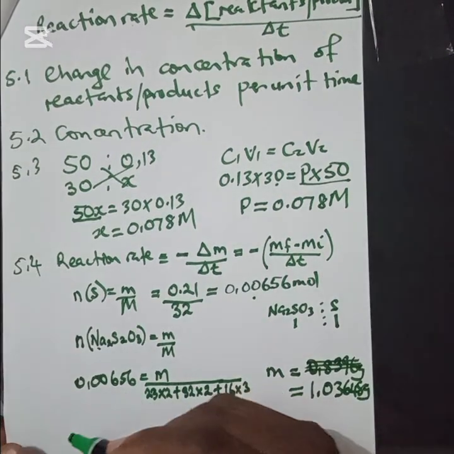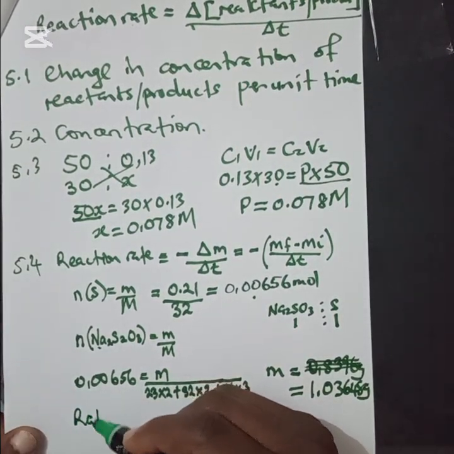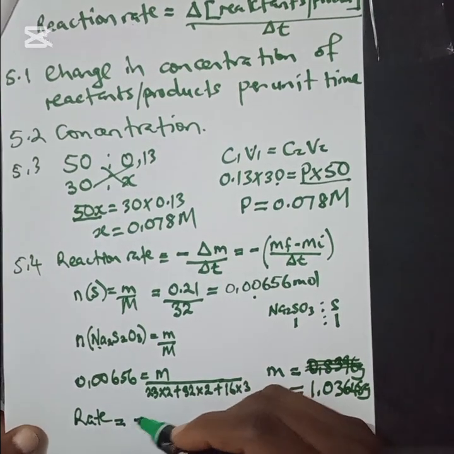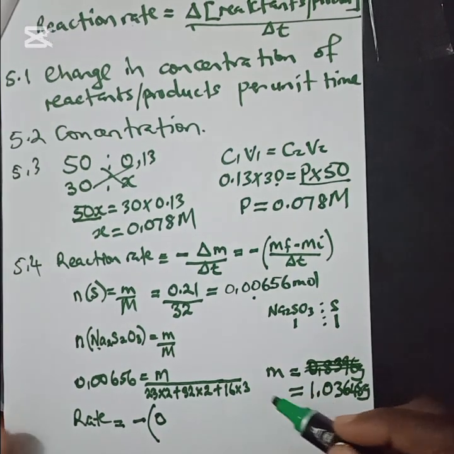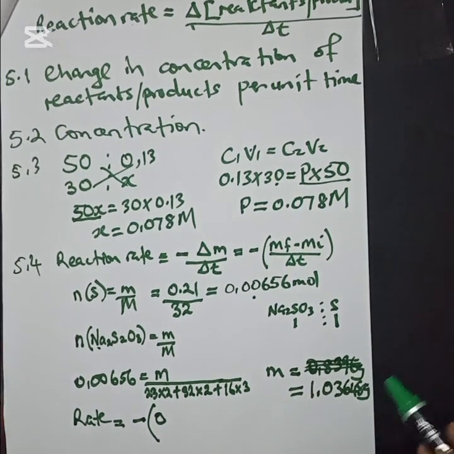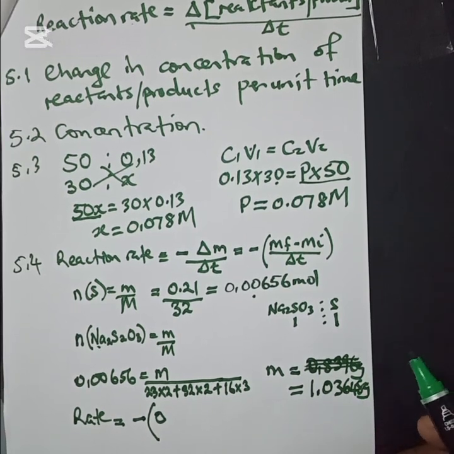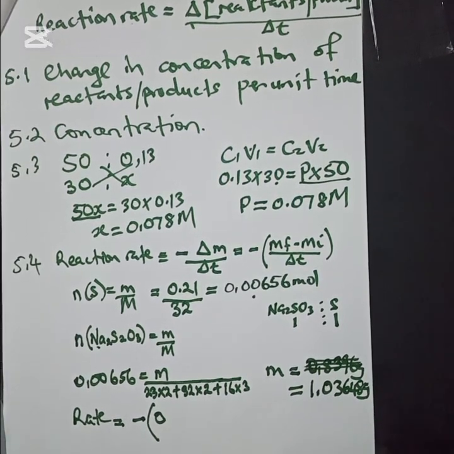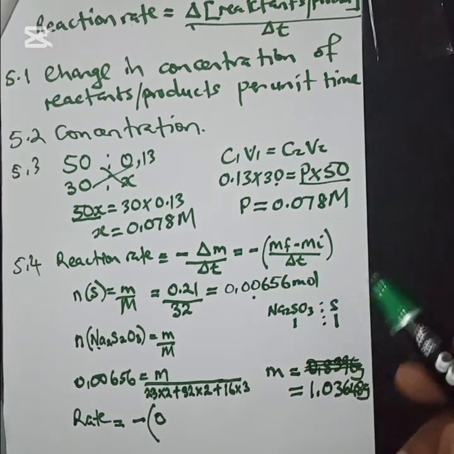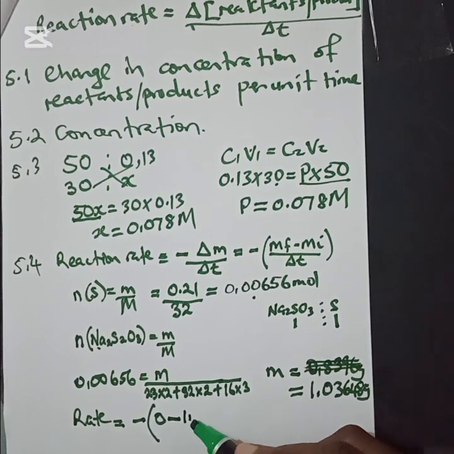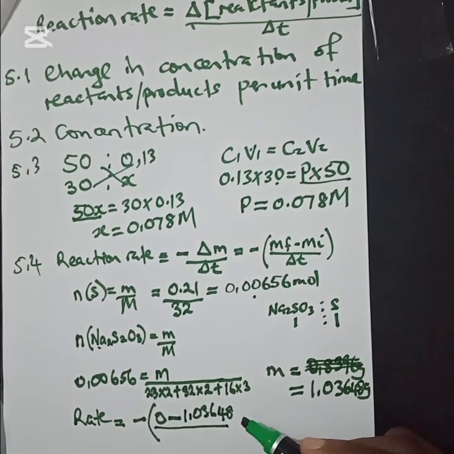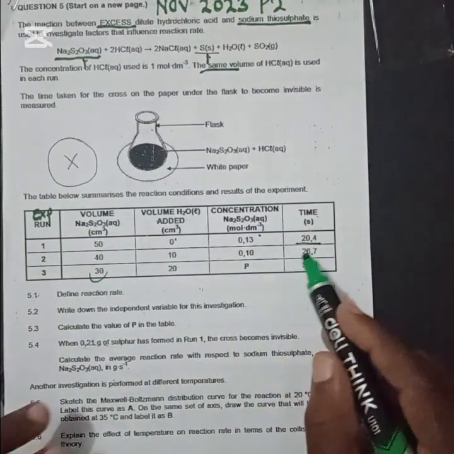So to calculate the rate of reaction, I'm going to say initial mass minus final mass. The final mass will be 0, because all the 1.03648 grams would have reacted. It's going to completely react because sodium thiosulfate is the limiting reagent. So 1.03648 divided by the time given for run 1, 20.4.